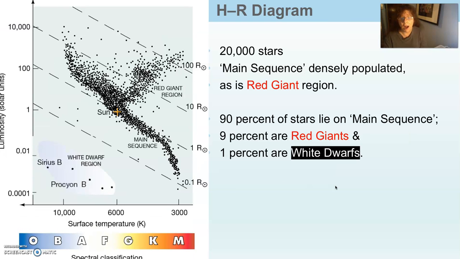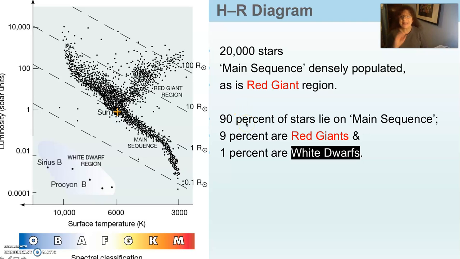And when we put in the closest 20,000 stars to our sun, we really start to see this red giant region being populated.